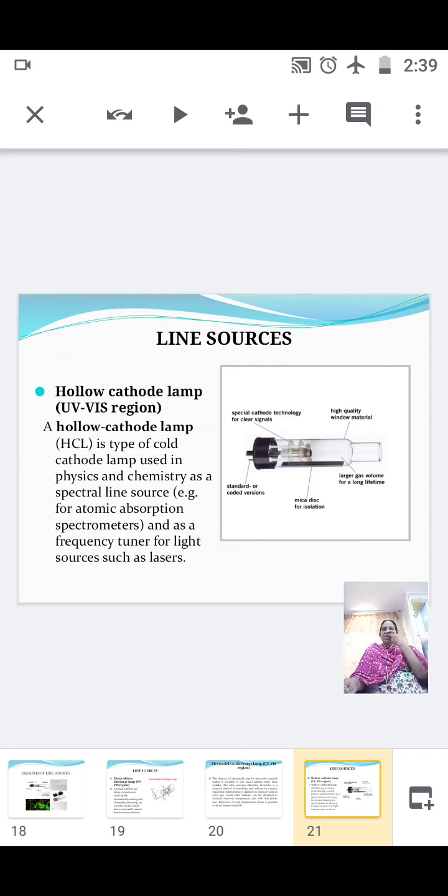It is used in spectral analysis and as a frequency tuner for light sources such as lasers.